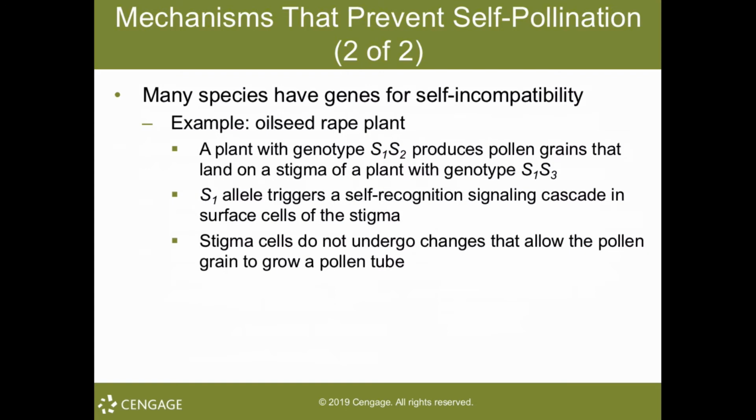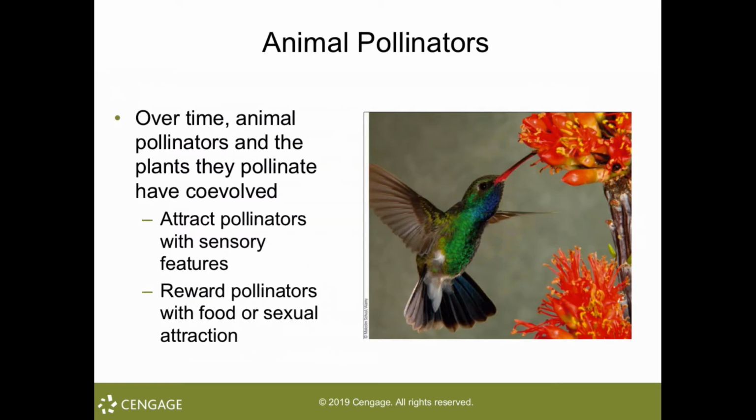So I won't do anything with self-incompatibility at the moment. What I will now get to are animal pollinators. So animal pollinators and the plants they pollinate have had such close interdependent relationships over time that they have affected the evolution of certain physical and behavioral features in one another.